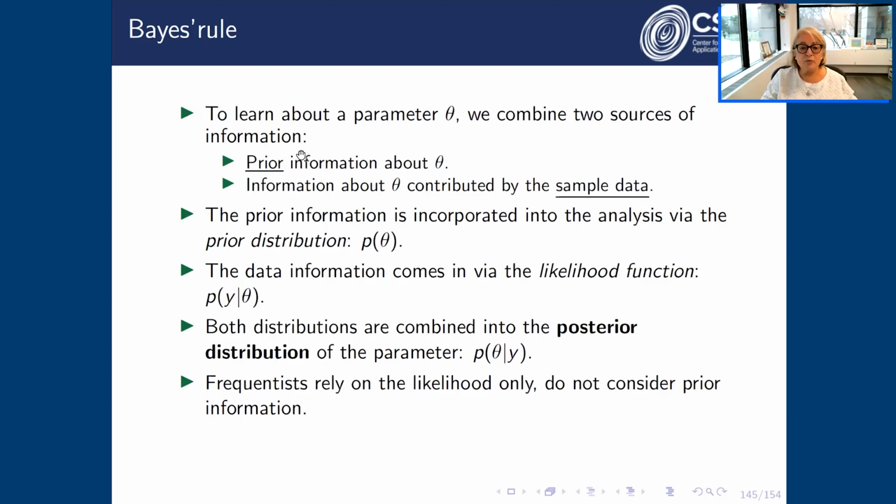Well, to reflect this prior information, Bayesians come up with something called a prior distribution that oftentimes you will see written with this formula, the probability associated with different values of this parameter.